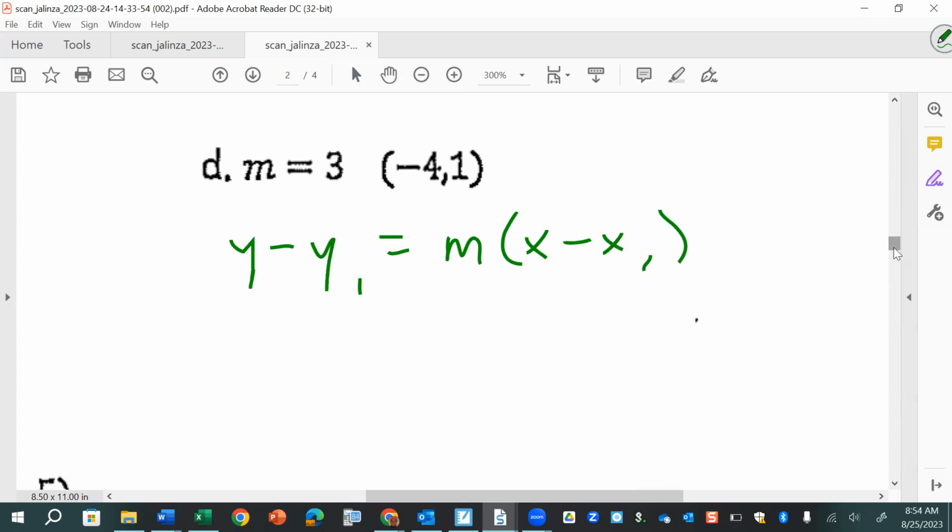And now fill it in. What was the slope? 3. And here we go. What goes next to y, also known as y1?